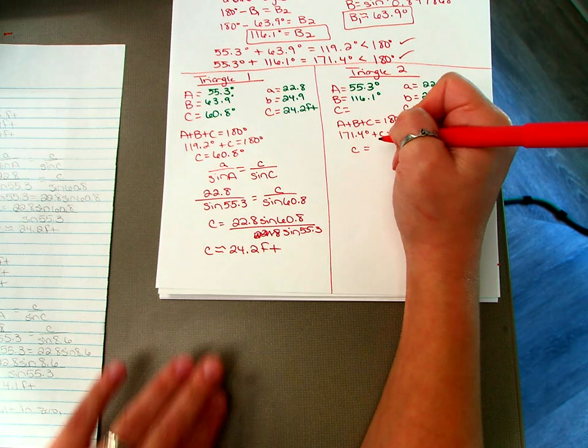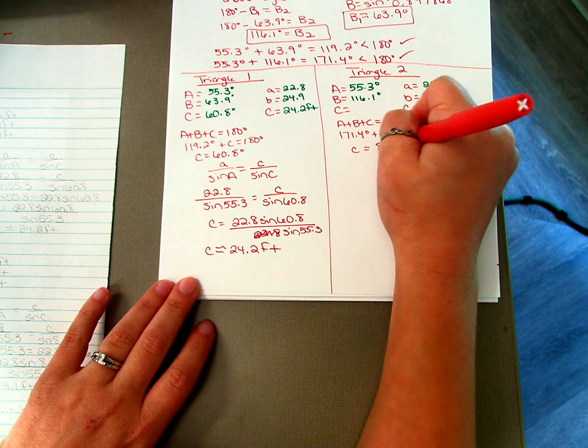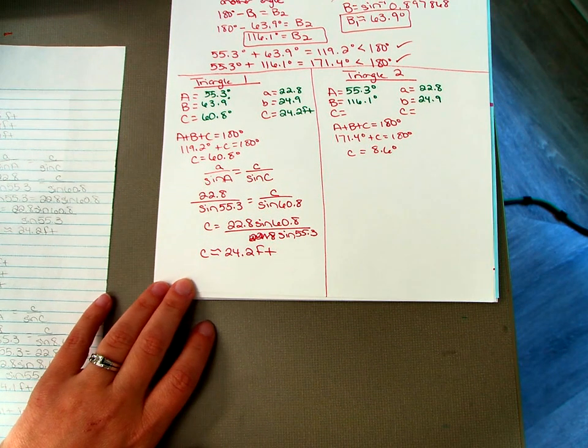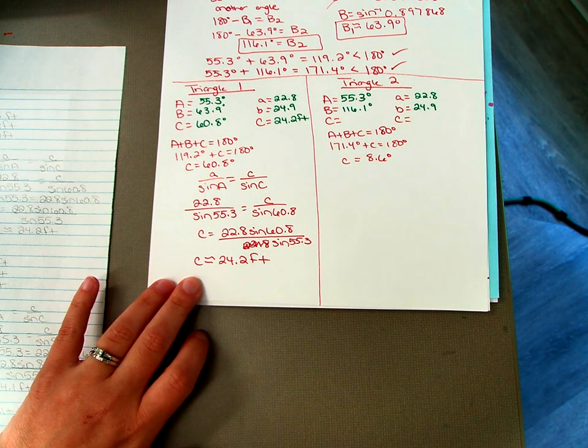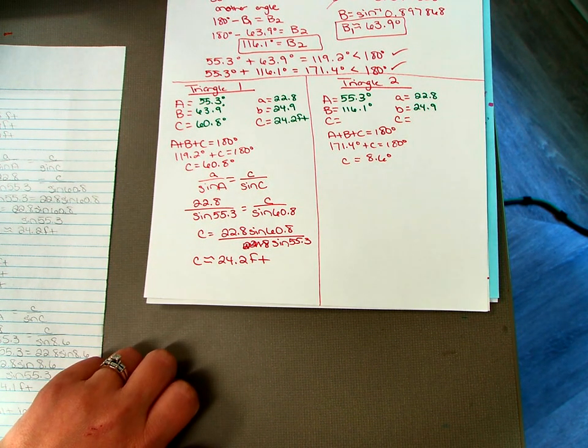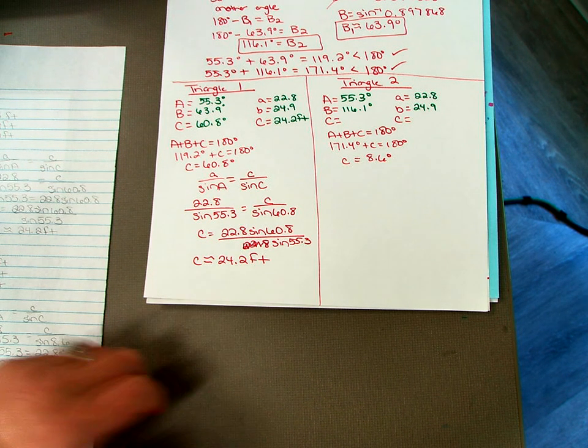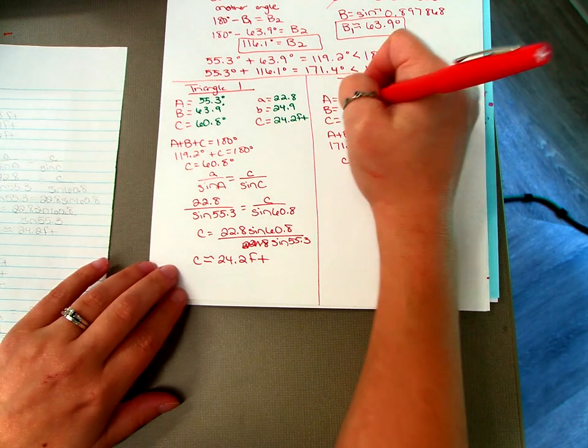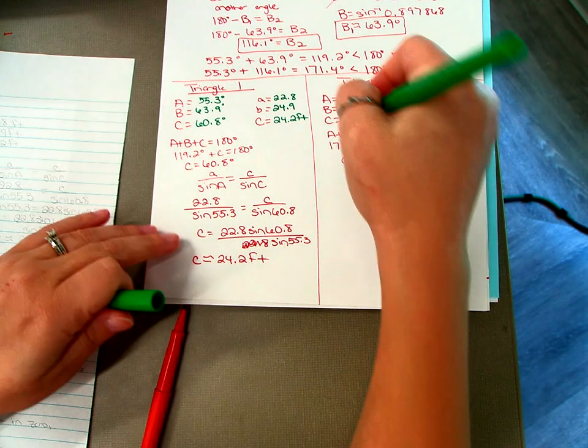Obviously this triangle is going to look way different than triangle 1, because in triangle 1, angle C was 60.8. All of our angles were pretty close together, almost like an equilateral, equiangular triangle. This other one with the obtuse B makes it an incredibly long, stretched out triangle, because C is tiny. It's only 8.6 degrees.